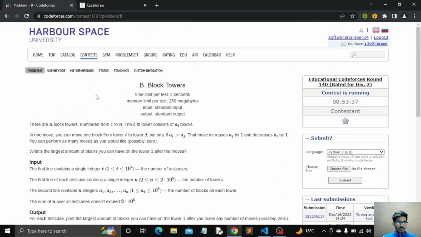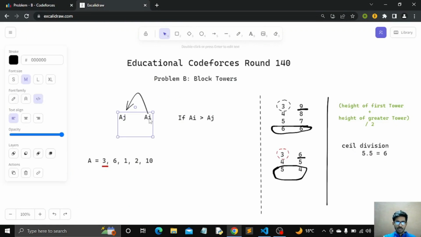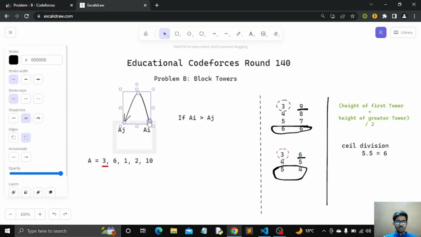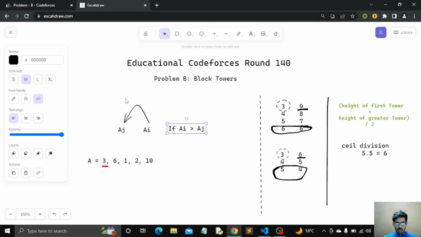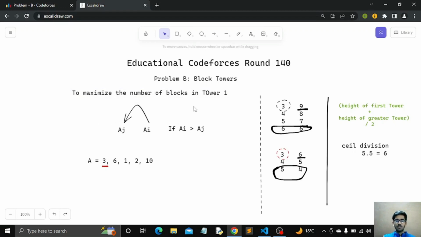Now let us see the approach to solve this problem. Our goal is to maximize the number of blocks in tower 1, and for that we can perform some operations.